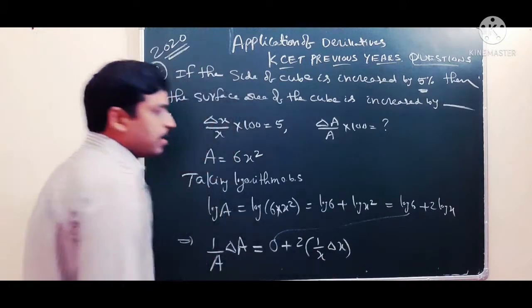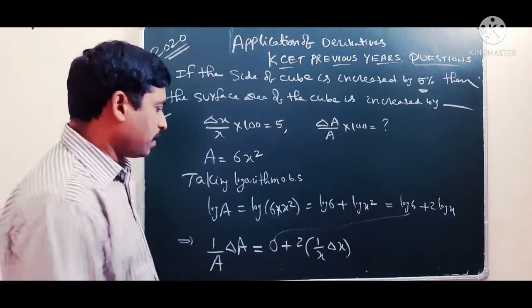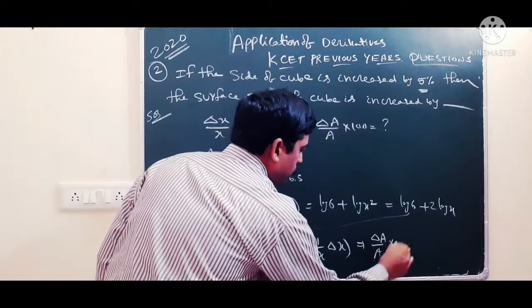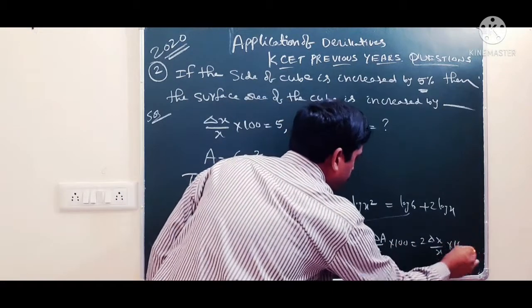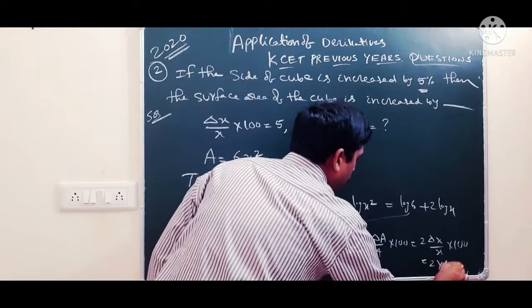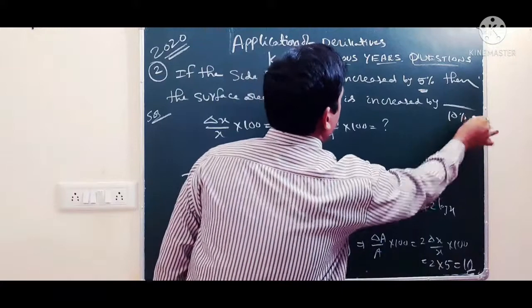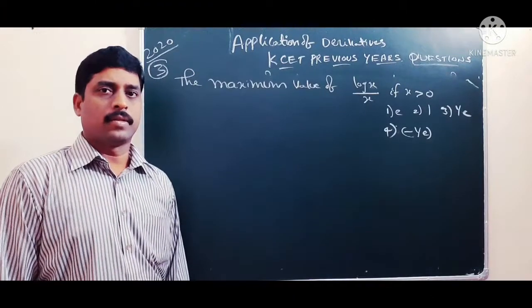But our target is into 100, delta A by A into 100, so multiply 100 on both sides. So delta A by A into 100 is equal to 2 into delta x by x into 100. This will be 2 into 5, which is 10. So the answer is 10%.